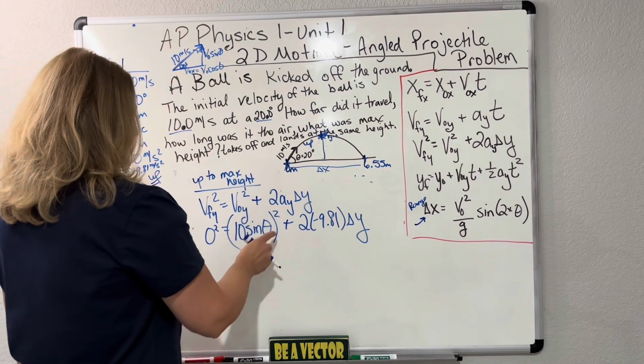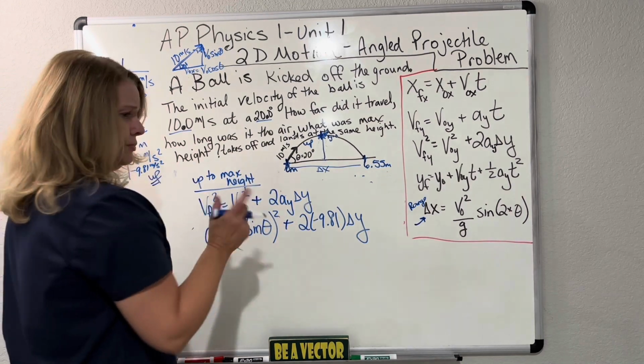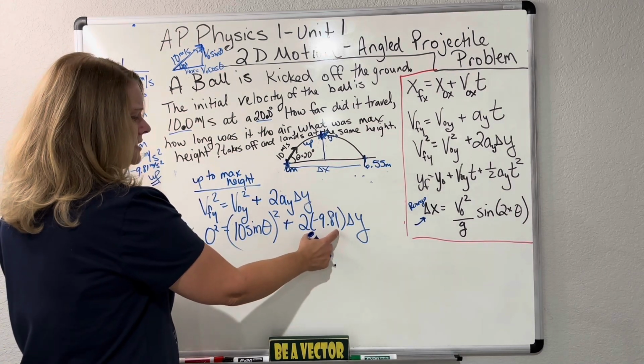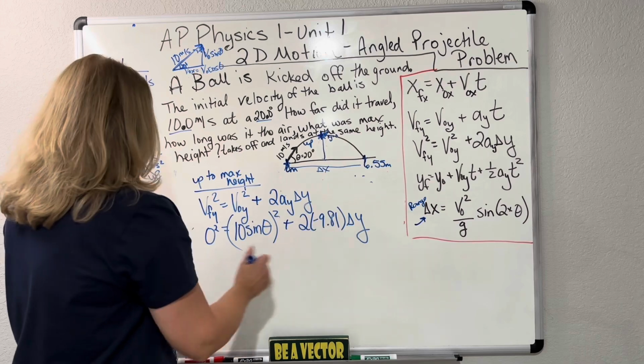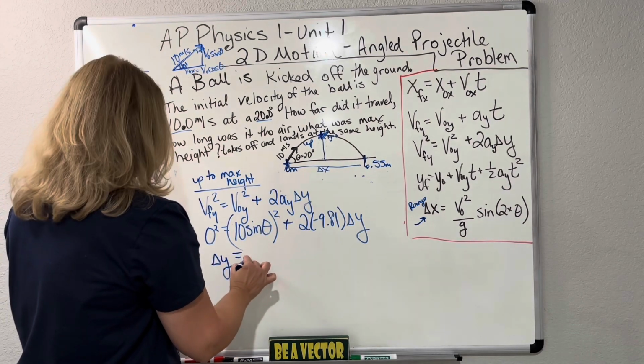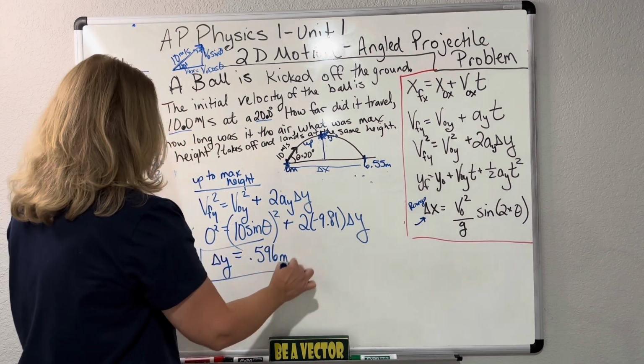If you go to solve that, I would subtract from both sides, but it's going to be over here. I have a negative 19.62 here, and then I'm going to divide that, and so my delta y comes out to be 0.596 meters, and I'm doing 3 sig figs.